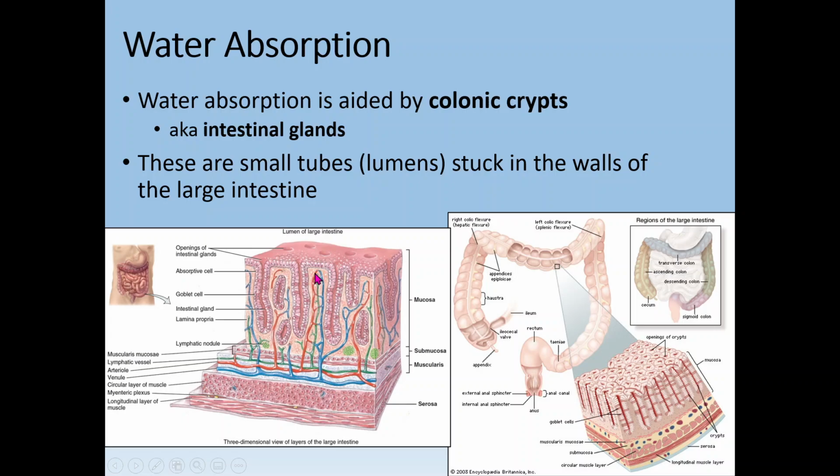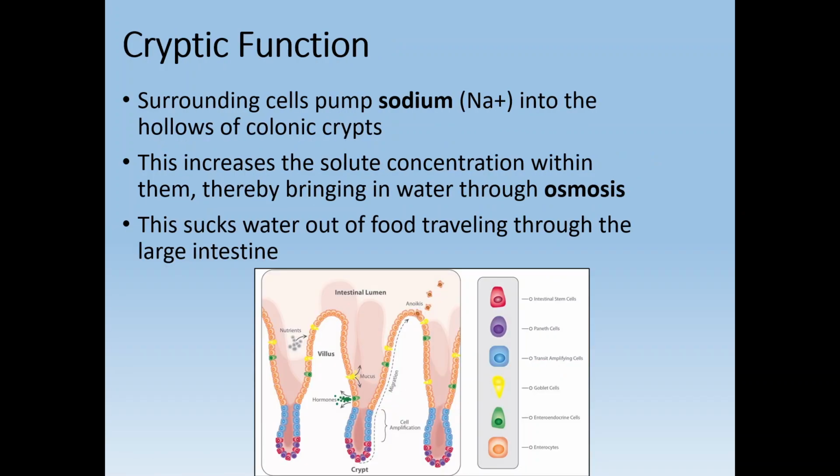And they're going to be doing a vast majority of the water absorption. And they do so by using cells next to the lumen that are producing sodium. They're pumping sodium into the water sitting inside those tubes. And what this does is increase solute concentration so that osmosis kicks in and the water traveling through the lumen of the large intestine gets pushed into those little tubes to try and dilute that solute.